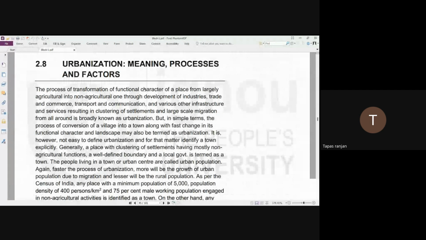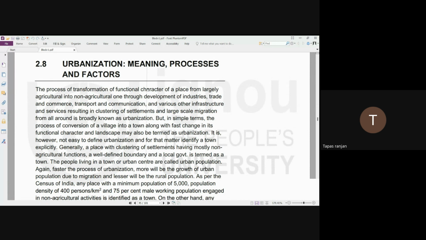Okay, then urbanization. So what do I mean by urbanization? Urbanization is basically a village which is turning into a town. In literal terms, it is a village turning into a town.